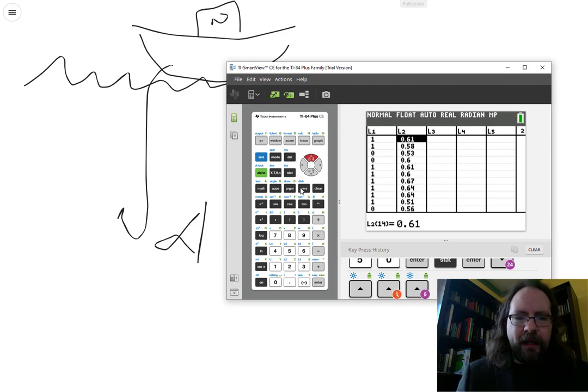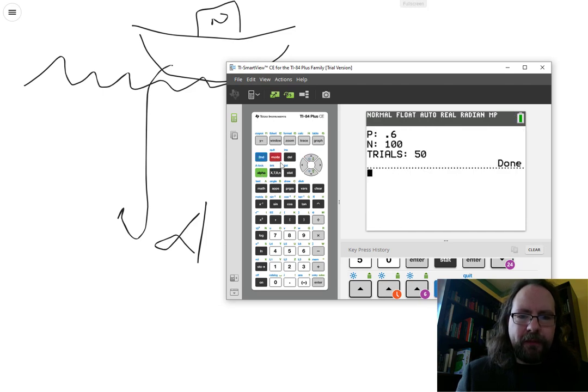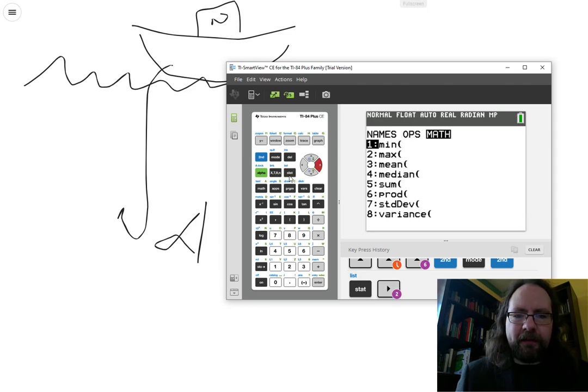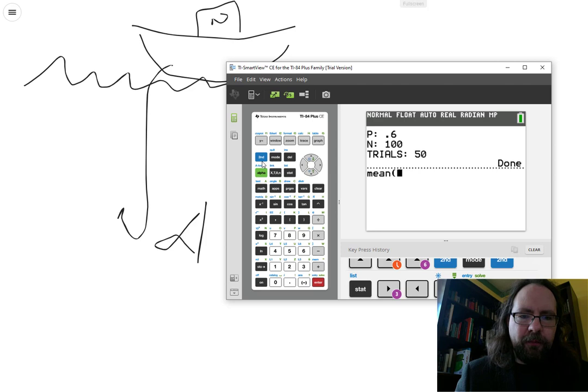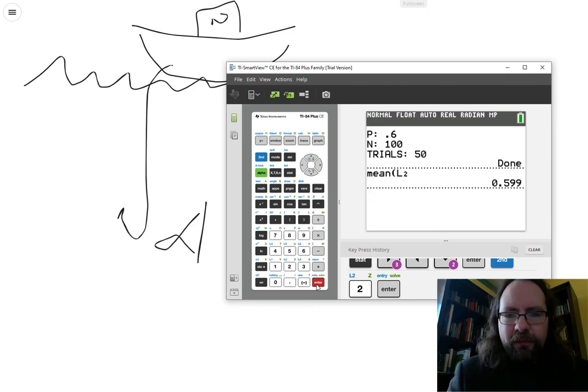But I want to actually confirm if that's what's happening. So I'm going to quit, and once again ask my calculator to compute the average proportion we found over our 50 days of going out and getting 100 fish at a time. And wow, that's very close to 0.6, even closer than the last one we got.